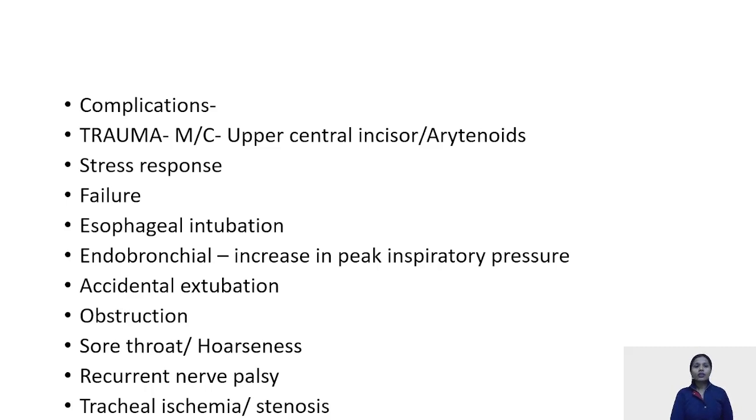The complications: the stress response, then the failure of intubation. The intubation can fail. You can have esophageal intubations which are detected via your EtCO2. The EtCO2 is used to detect esophageal intubation. Then endobronchial intubation, I already told, is detected by your chest movements or your auscultation.